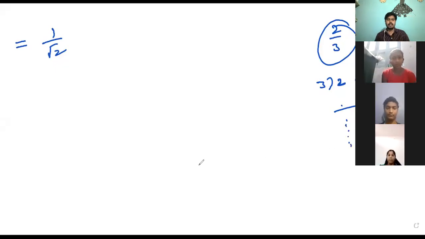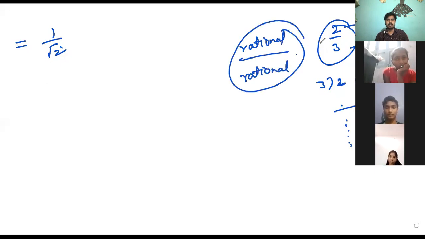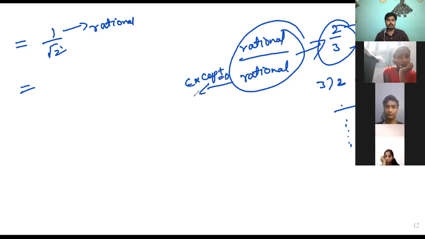If it is a rational number, it's okay. Numerator is an integer and denominator is also an integer. If it is a rational number also, no problem. If the numerator is a rational number and the denominator is also a rational number, then we can simply take the division between them. Suppose you observe here, this is a rational number, except 0, remember here.